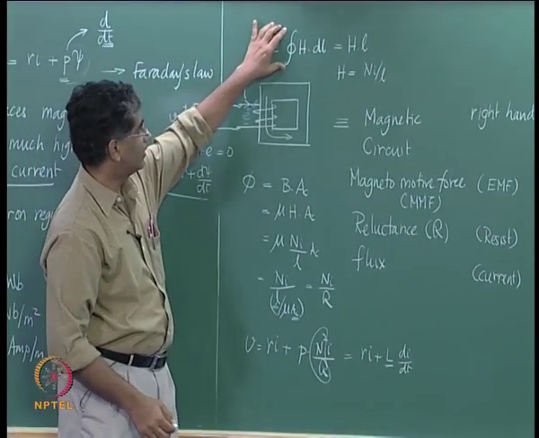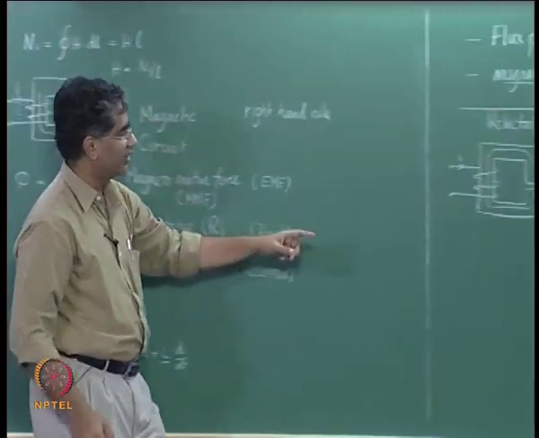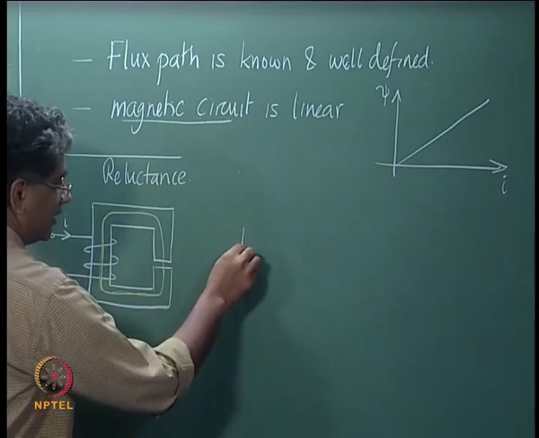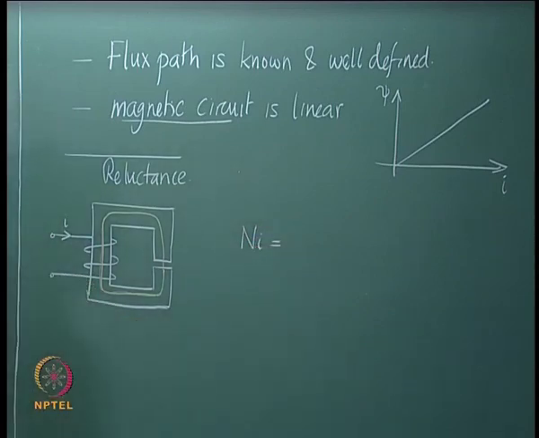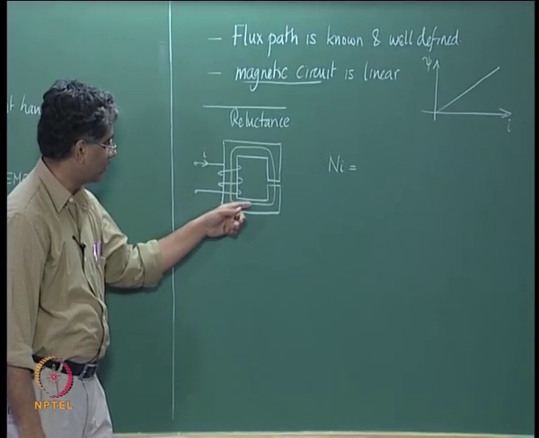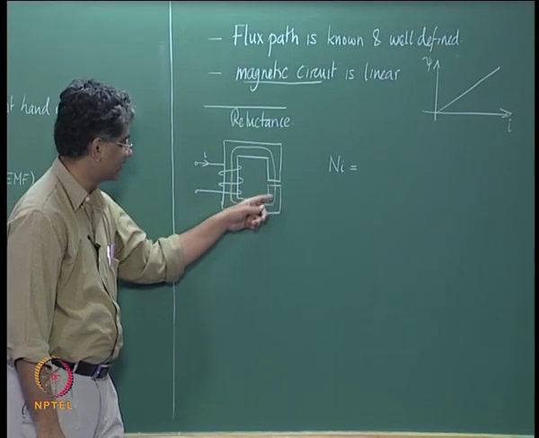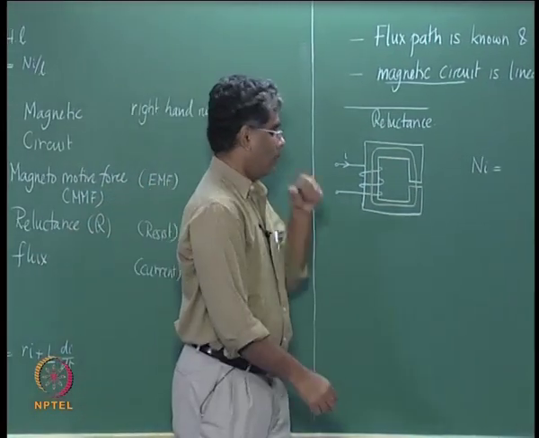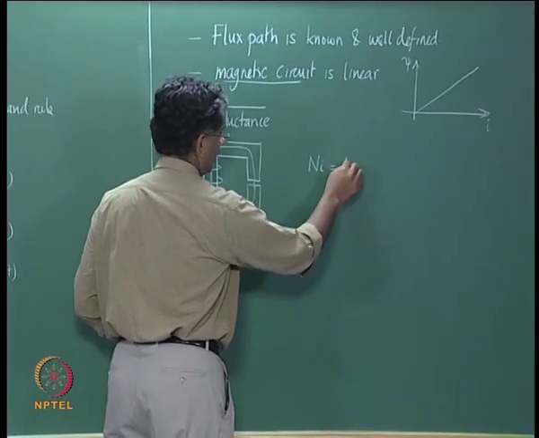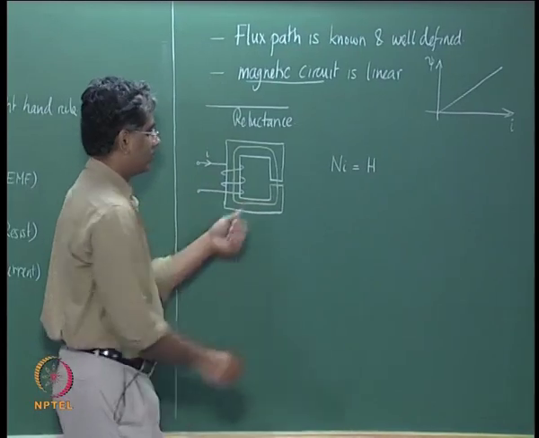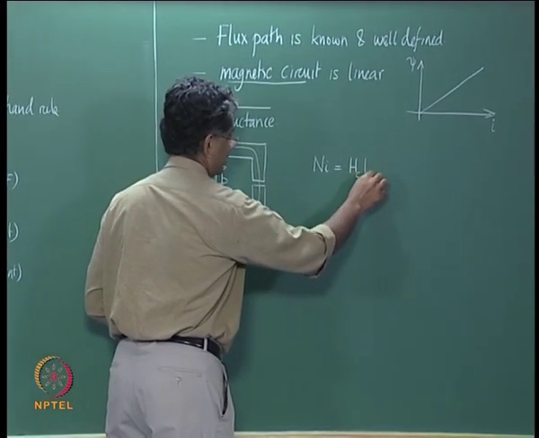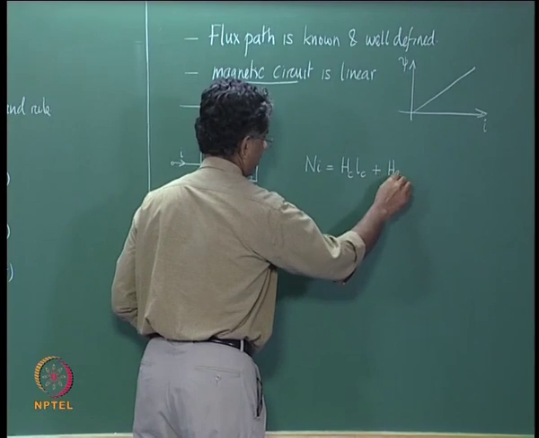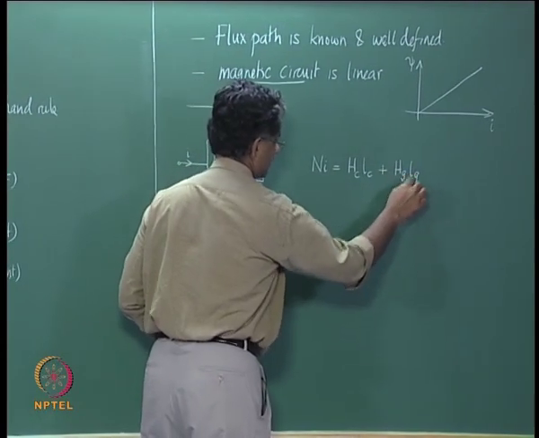So if this is the case, let us apply the same rule. Ni equals integral of h dot dl. The loop that we need to consider is this loop around which flux flows, and that now says N into I is integral of h dot dl around this loop, and if h is assumed to be the same all around this loop, because area of cross section is same, flux density is same, then it amounts to saying h in the core multiplied by the length of the flux path within the core plus h in the air gap multiplied by length of the flux path within the air gap.